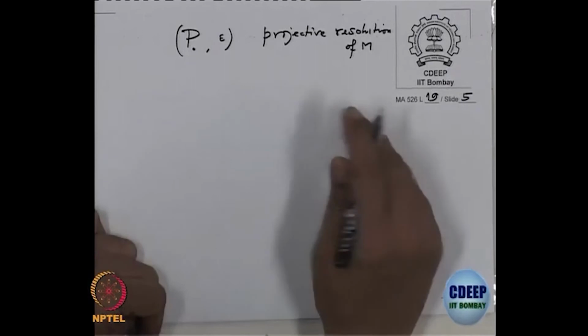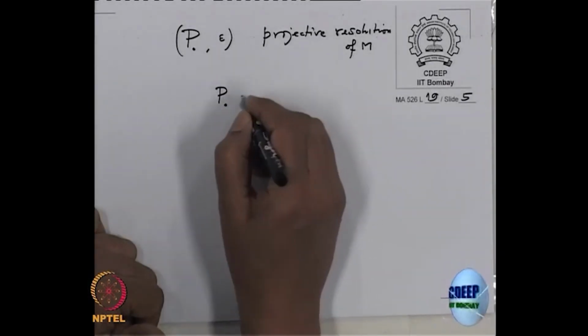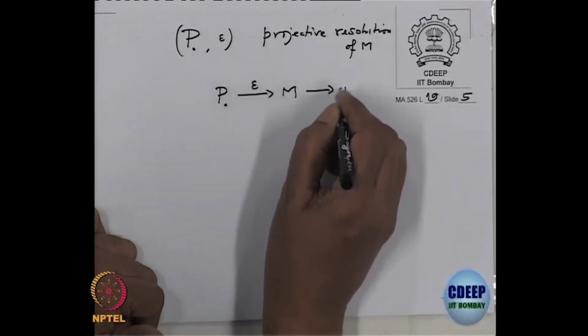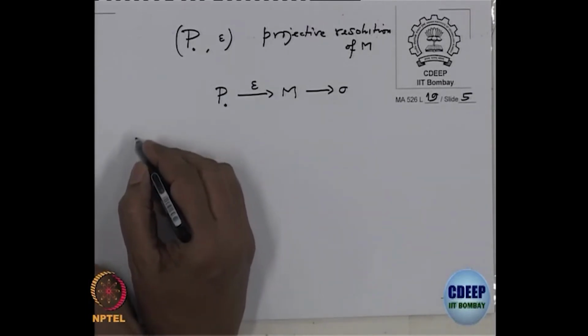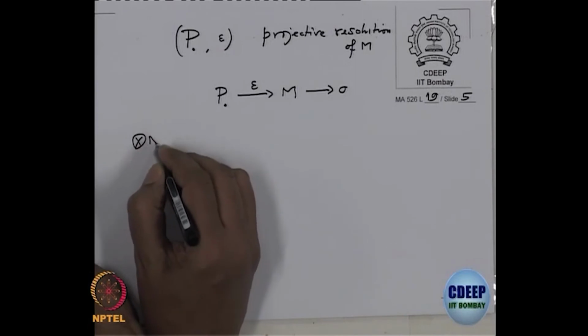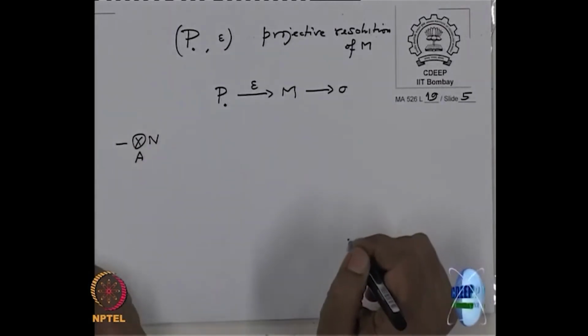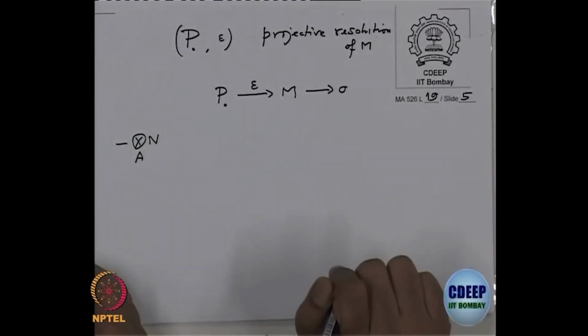So, we have a projective resolution, and that is usually denoted by P dot epsilon to M. This is given. Now, if I tensor this resolution with some module N, tensor over A, then I will not get exact. I will get only a complex.